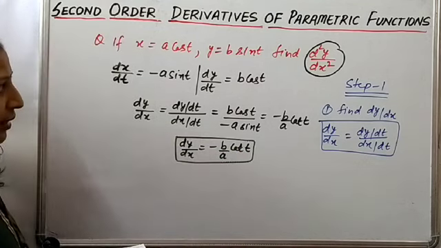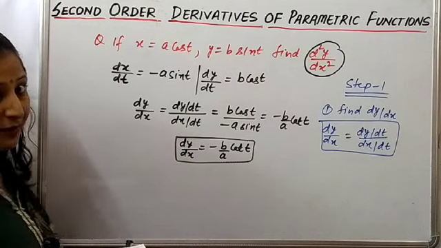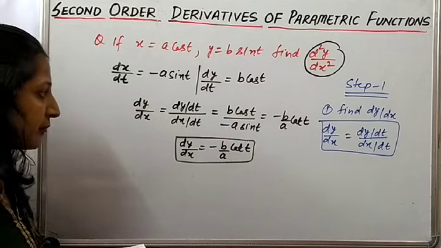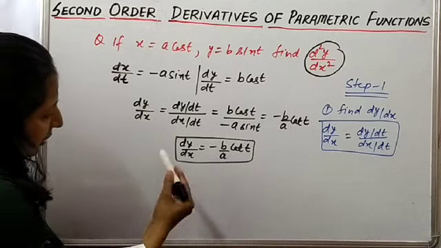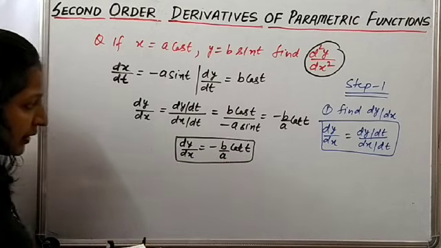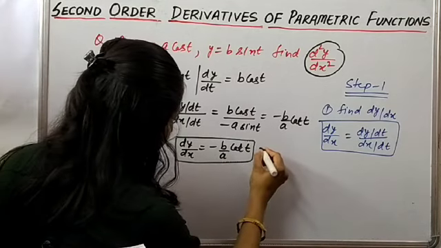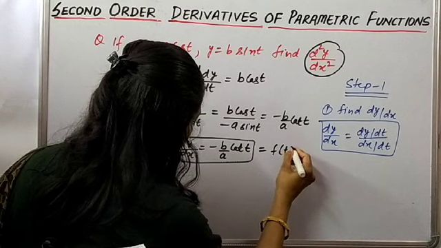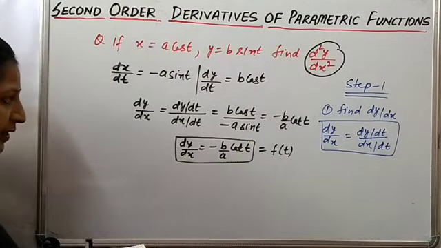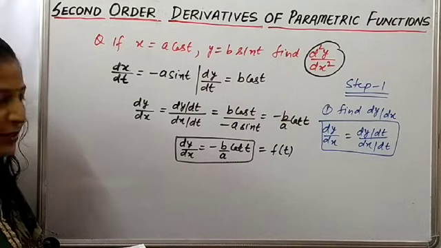Now students, but we have to find the second order derivative. So let us see how we will proceed further. You can see here our first order derivative is a function of t. So we can write dy by dx is equal to a function of t. Now we have to find the second order derivative. It means we will again differentiate both sides with respect to x.